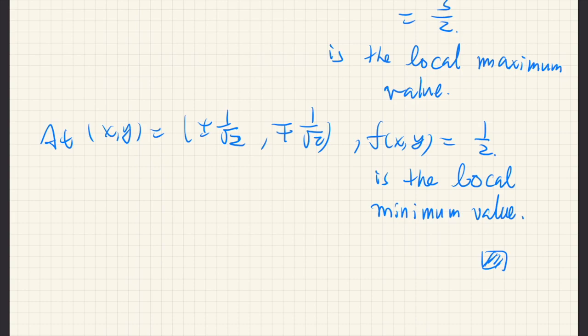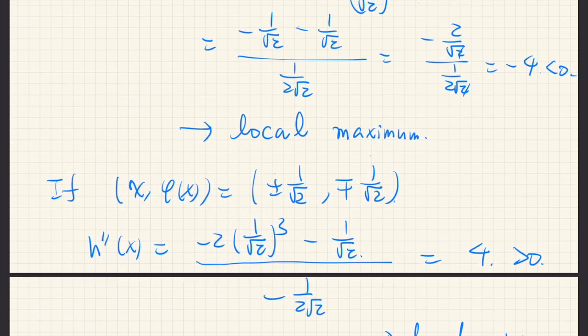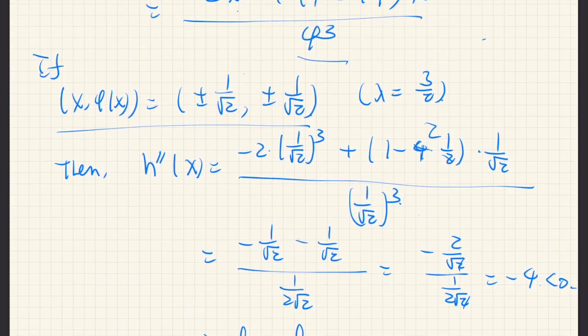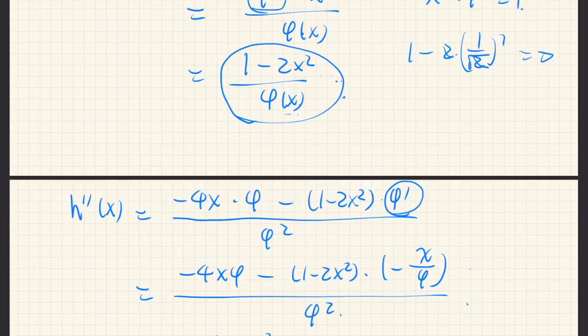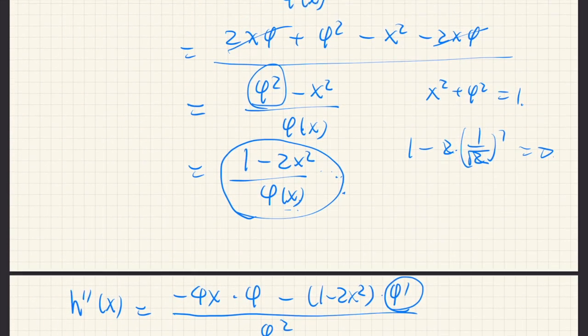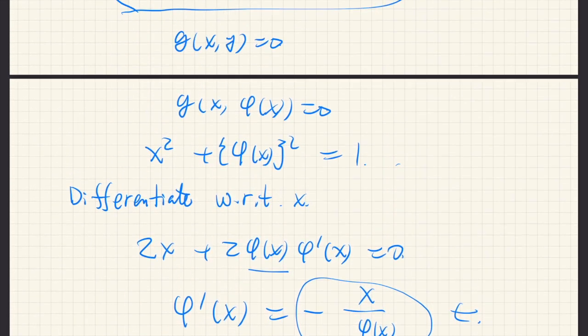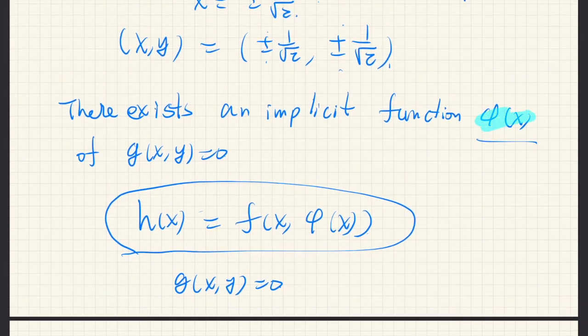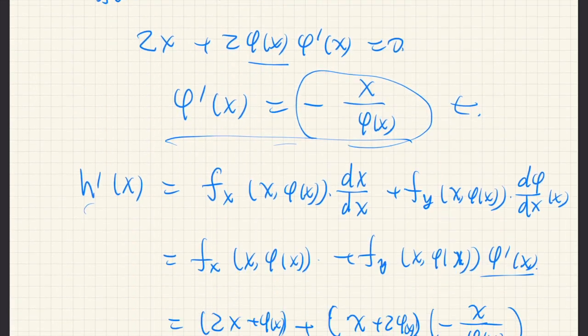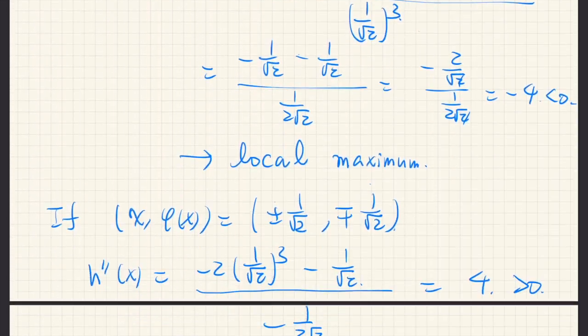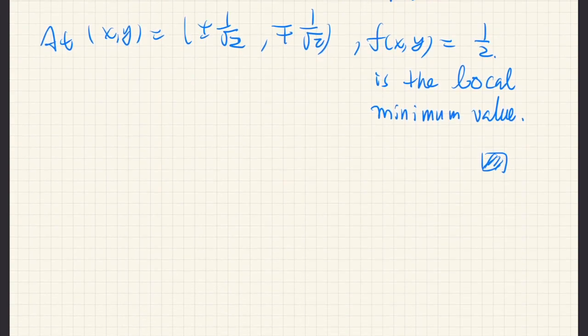You should notice that in this solution, we never needed to find the explicit form of the implicit function phi. So phi remained implicit all the way. Actually, in this particular problem, we can find the explicit form of phi.